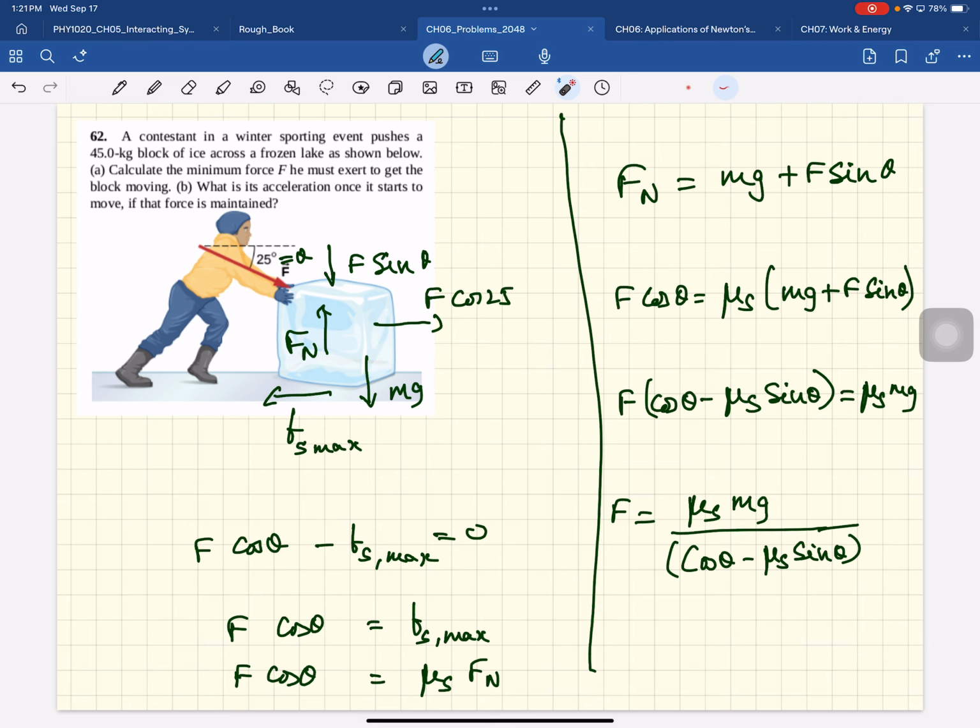What if he was pushing straight down, if theta were 90 degrees? It wouldn't move. So if theta were 90 degrees, this would be 0, this would be 1, minus mg. Then this doesn't make sense in that case.